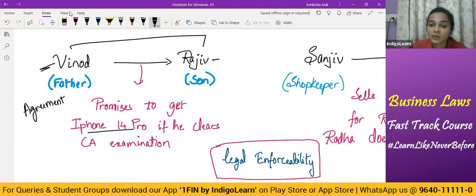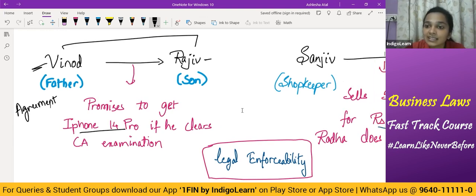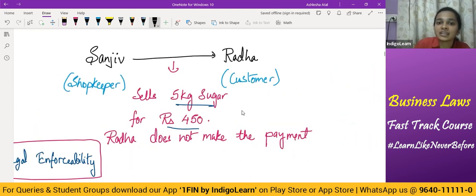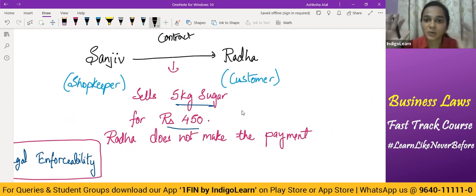However, in the second situation, there is legal enforceability which makes this agreement between Sanjeev and Radha a contract. So are you all clear with what is a contract and what is an agreement? Any questions?